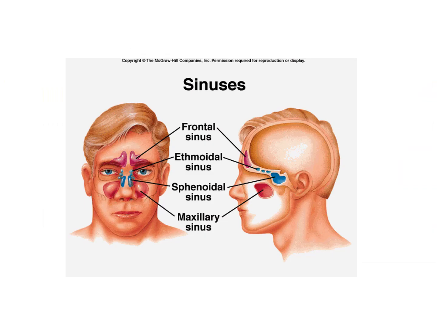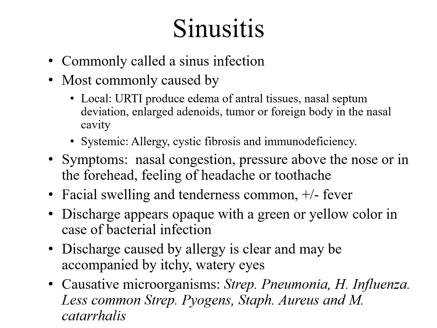The third type of infection is sinusitis. So we have the frontal sinuses, the ethmoidal sinus, the sphenoidal sinus, and the maxillary sinus. Infection within the sinuses is considered a type of infection in the upper respiratory tract, and its causes can be divided into local and systemic.